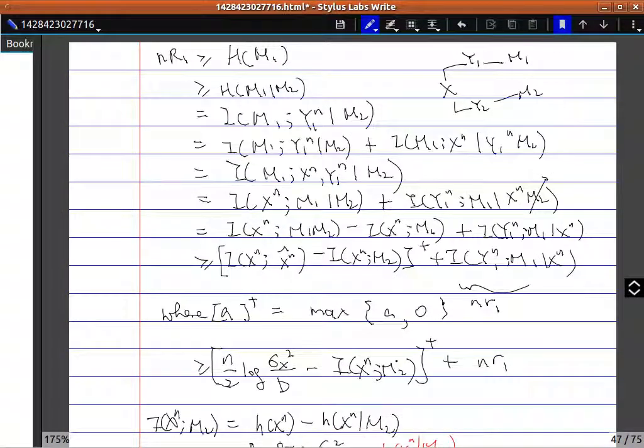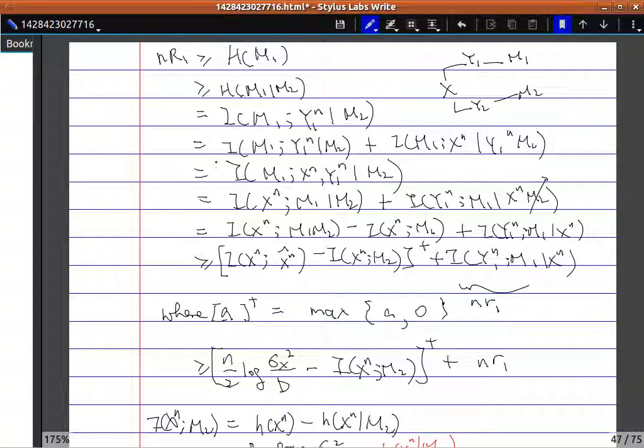Now let's go for the bound for R1. So we have nR1 is just bigger than or equal to H(M1). M1 is basically the encoder output message for encoder 1, and this is bigger than or equal to H(M1 given M2).